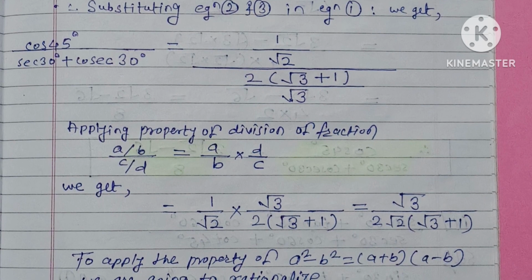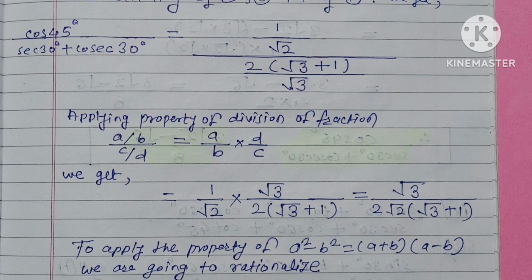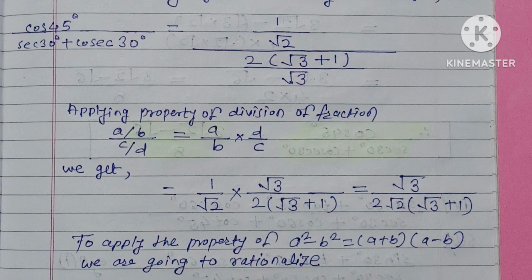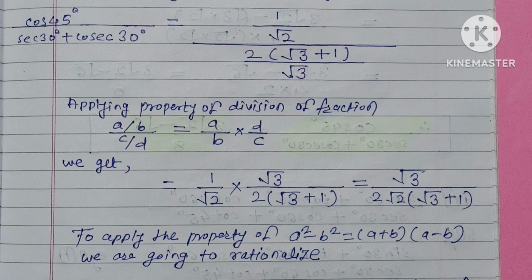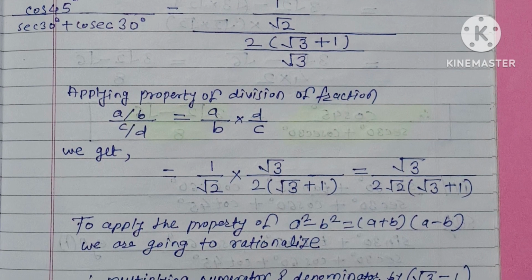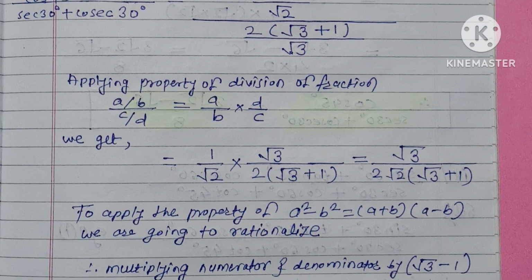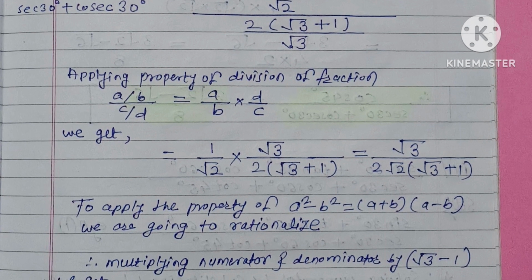Again c is the numerator of the denominator, and d is the denominator of the denominator. We can simplify this by writing a upon b into d upon c. So by substituting the values, we'll get under root 3 upon 2 under root 2 in bracket, into under root 3 plus 1.